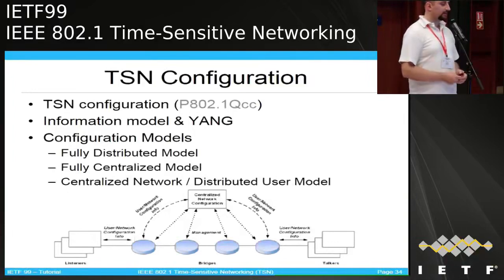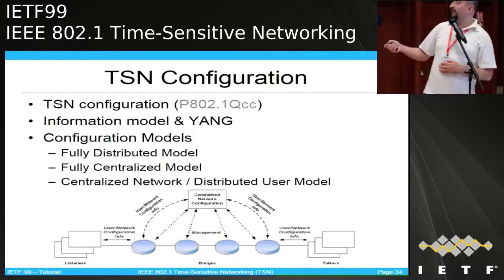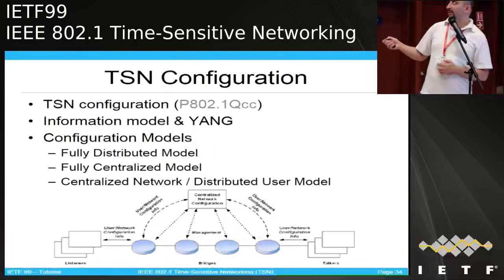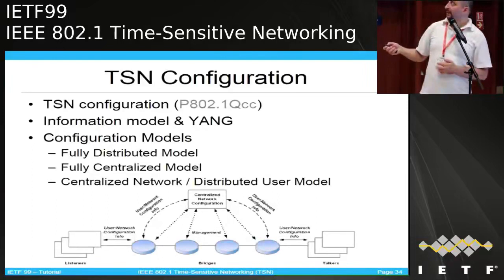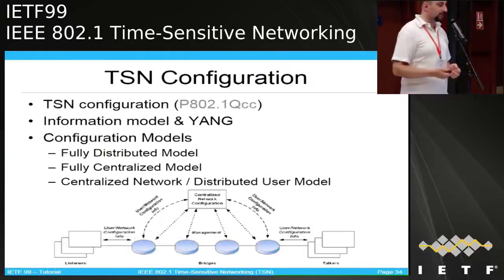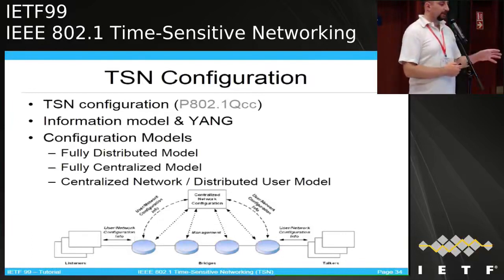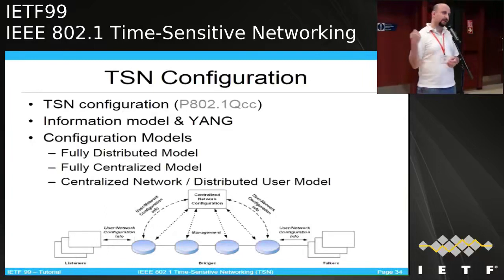And the one that is also illustrated at the bottom is the centralized network, distributed user model, where the bridges, the network nodes, are under the control of a central entity, which is called in this document the central network configuration entity. But the end stations, listeners and talkers, are not under its control. There is some protocol exchange or information exchange between the end stations and the network, via a user network interface. This document provides an information model and YANG for TSN configuration.